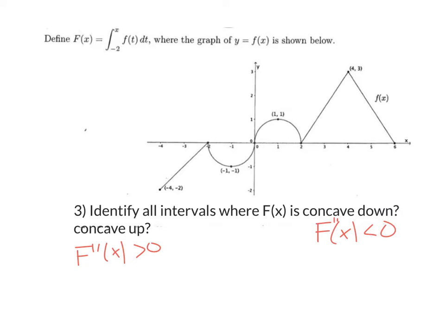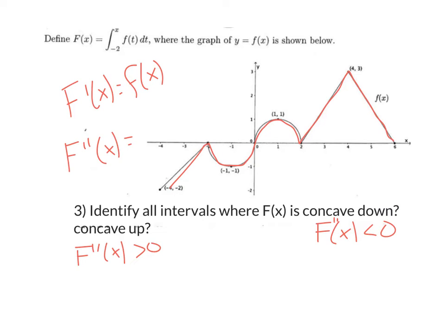Well, if the first derivative by FTC part 1 is the function itself, so this line that we see, then the second derivative would be slope. And so if you think about second derivative, it'd be the derivative of that line, which then you'd be looking at slope. And so when is the slope negative?